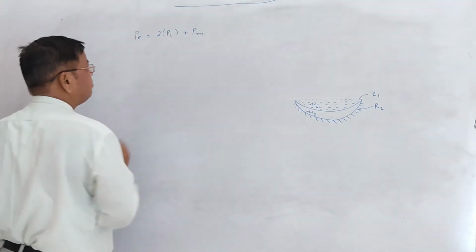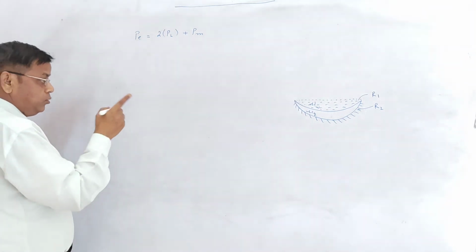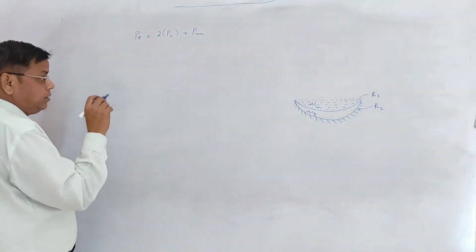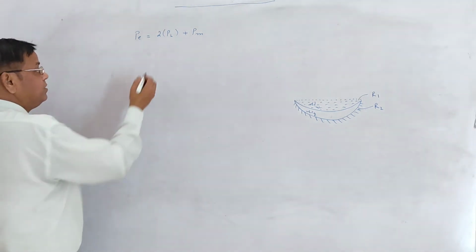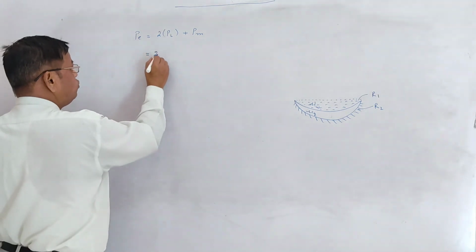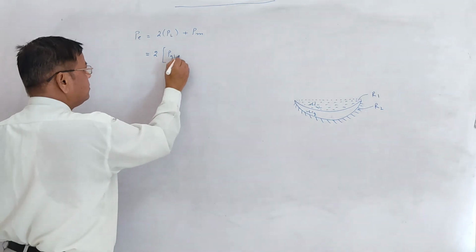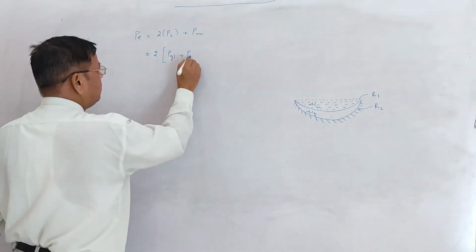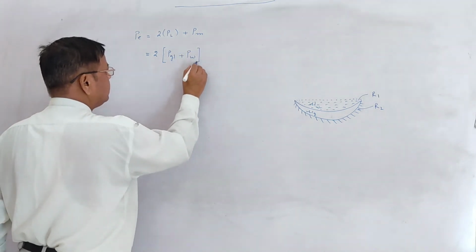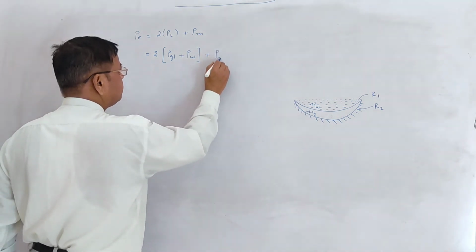That formula we know. But here not only a lens is present, there are 2 lenses. So here we have to write 2 times power of glass lens plus power of water lens, plus power of mirror.